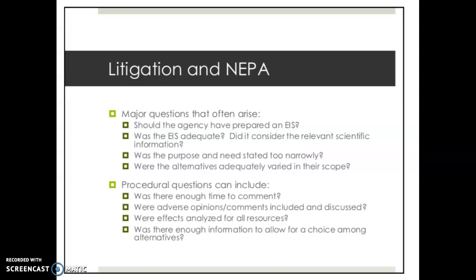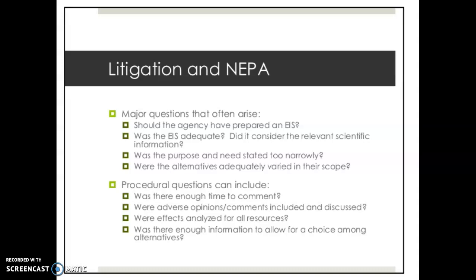All right. So our final topic is how do litigation and NEPA intersect? There are generally two reasons why a project becomes litigated: major questions that often arise, or procedural questions that come up.